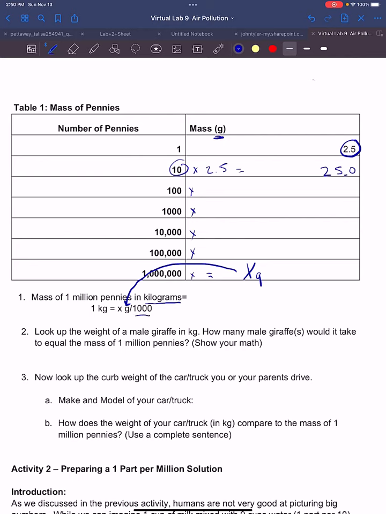So then you want to look up the weight of a male giraffe in kilograms, and you can just do that in Google. And then you're going to take how many pennies, how many male giraffes. So again, take this number, X kilograms, down to this equation.